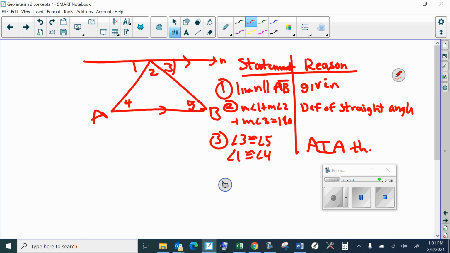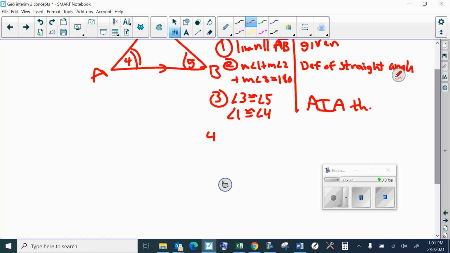So you can see alternate interior angles there and alternate interior angles there. Then the measure of angle 3 equals the measure of angle 5. The measure of angle 1 equals the measure of angle 4. Definition of congruence. So if two angles are congruent, as we set up here in step 3, then they have the same angle measure, and that's from the definition of congruence.